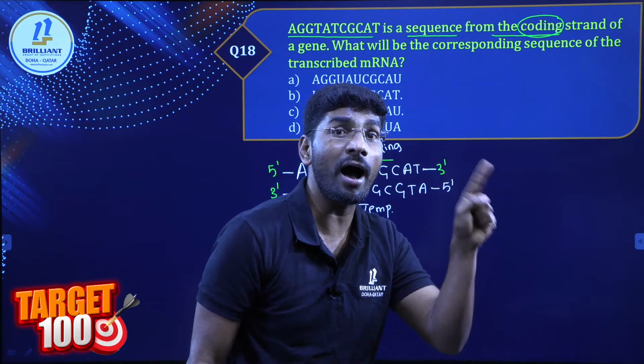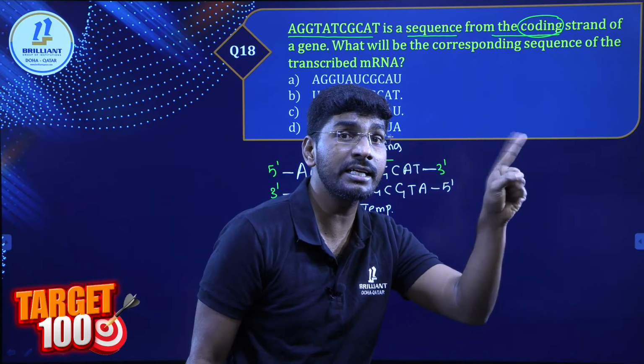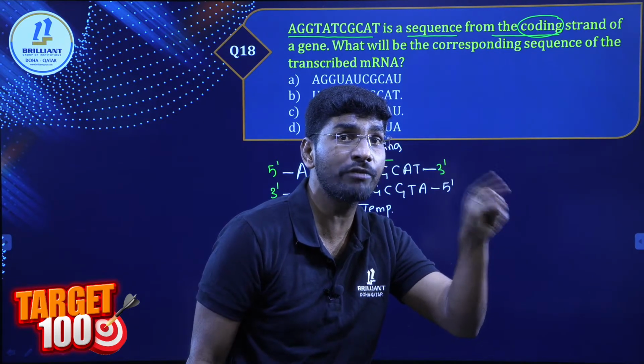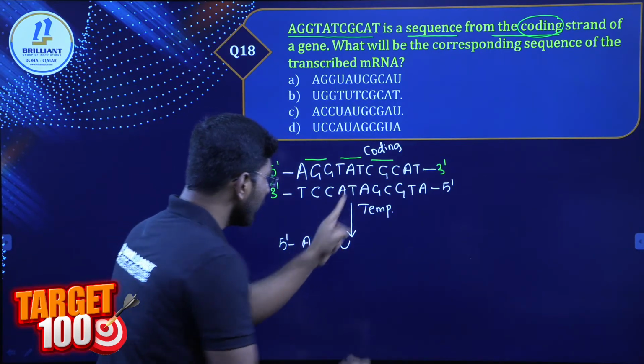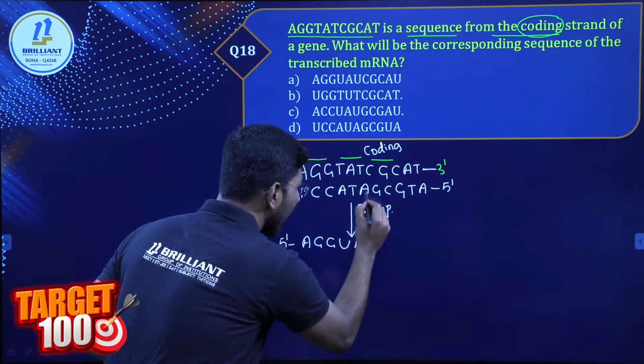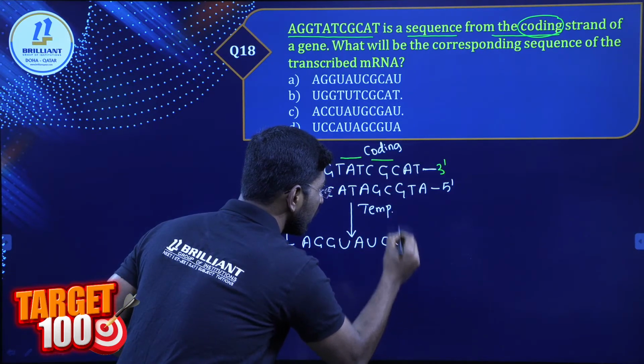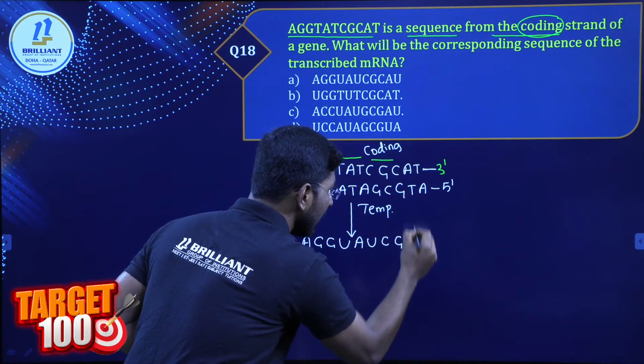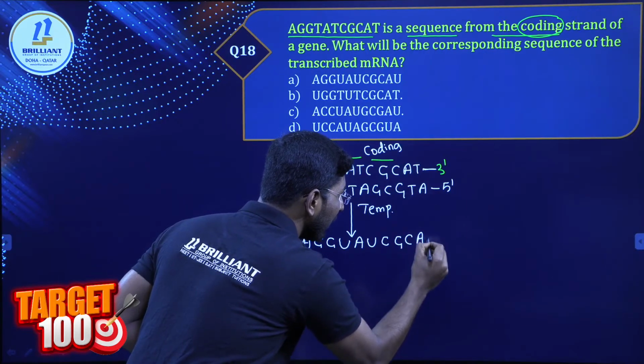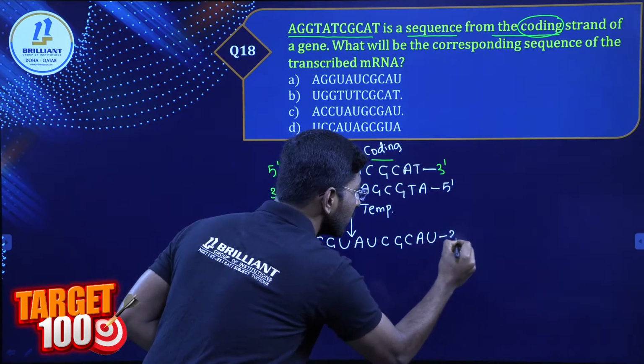Because I am writing RNA. In RNA, T is not there; U is there instead of T. So U. Now T pairs with A, A pairs with U, G pairs with C, C pairs with G, G pairs with C, T pairs with A, and A pairs with U, and this is 3 prime.